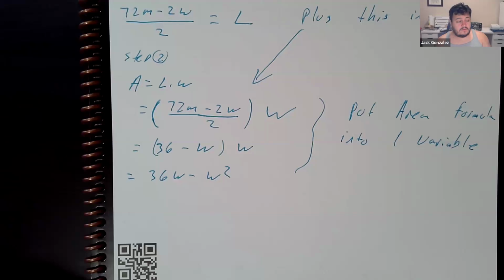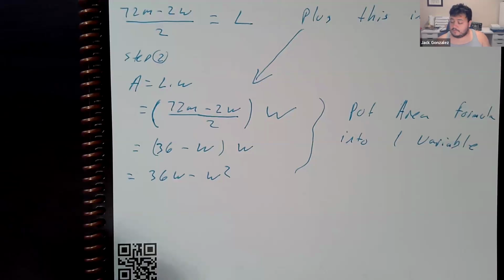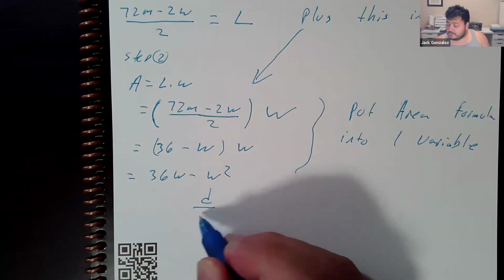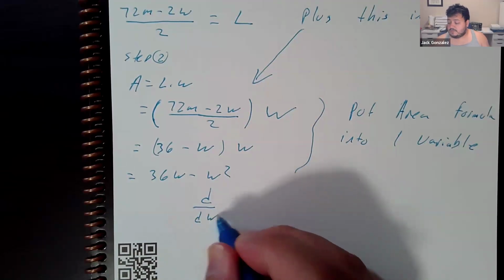So take a derivative of your area on both sides with respect to width, right? Because it's W's.